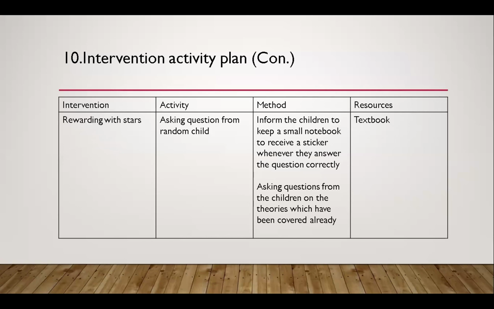The method is to inform the children to keep a small notebook to receive a sticker whenever they answer a question correctly, on the theories which have been covered already. Every week or month, I'll check how many stars the problematic boys I have selected have, and motivate them to get more stars.